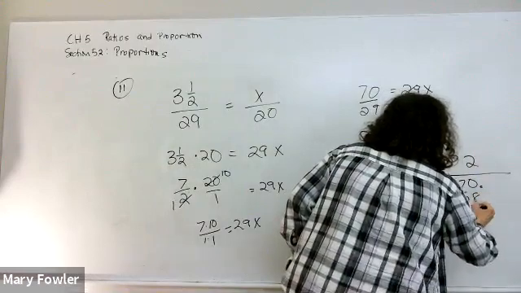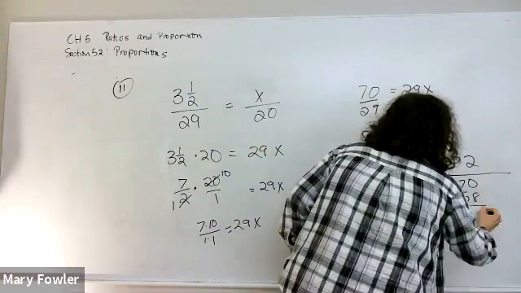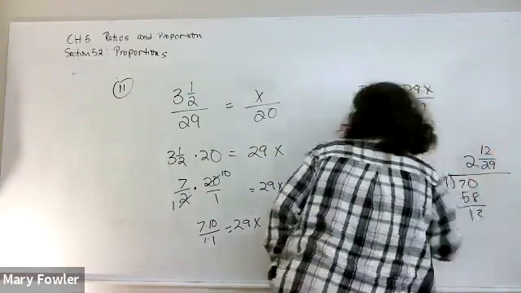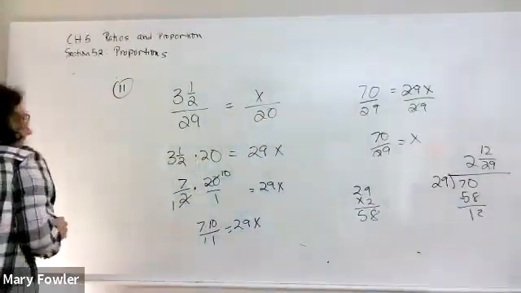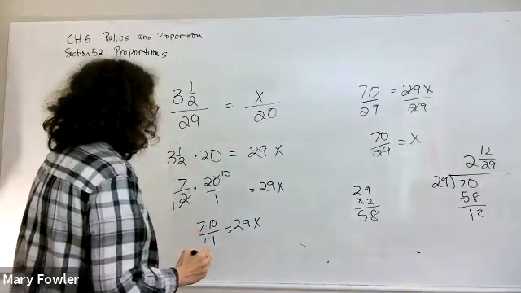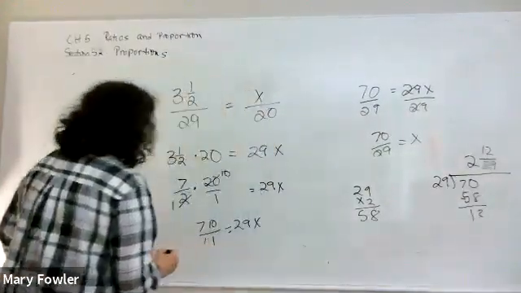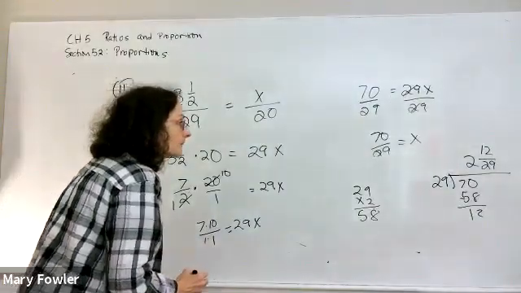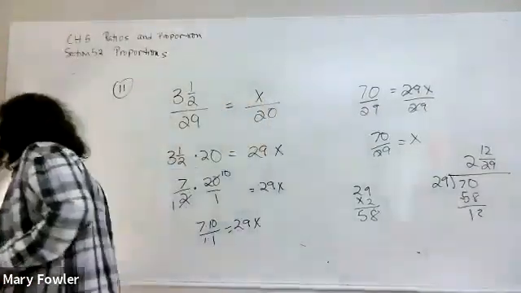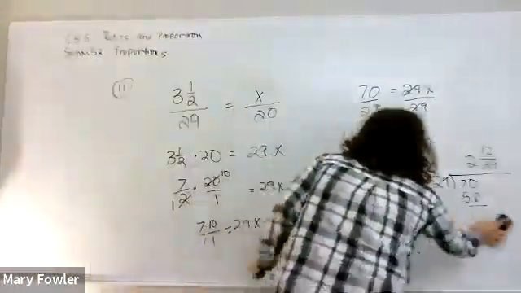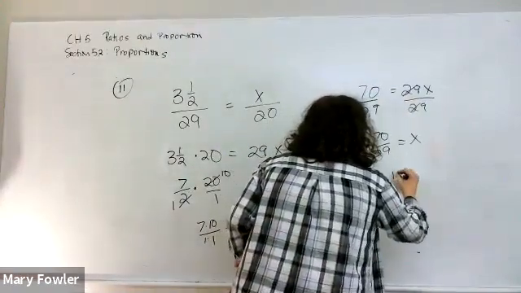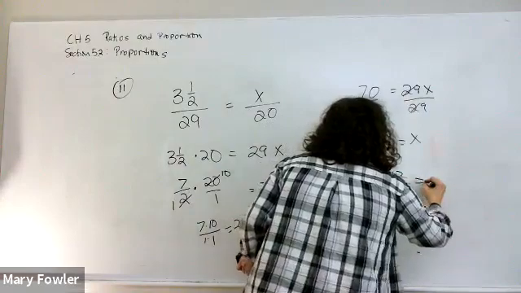We're going to subtract, and we get 12. So it's 2 and 12 over 29. So I'll just clean that up now. The 70 over 29 is 2 and 12 over 29.